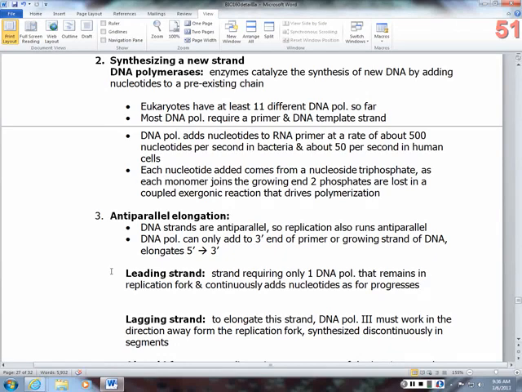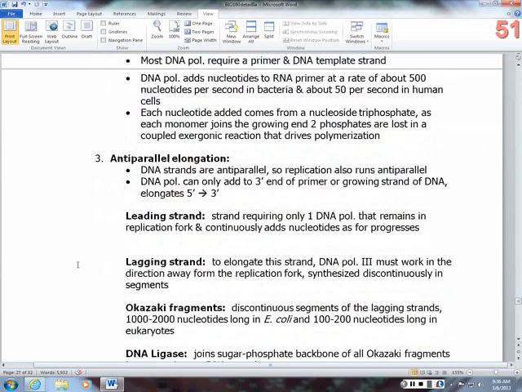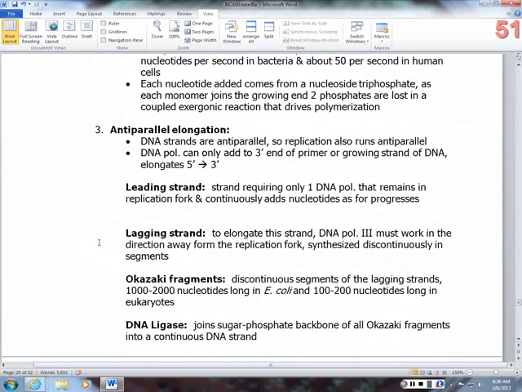If we have this 5' here and this 3' over here, it only adds on to this end. When you have one enzyme working on two strands that are going in opposite directions, that creates kind of a weird scenario where we have a leading strand and a lagging strand.